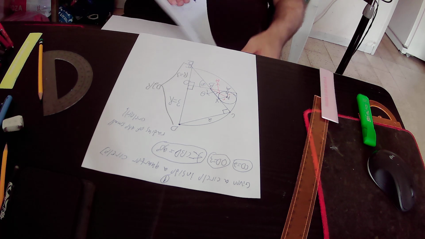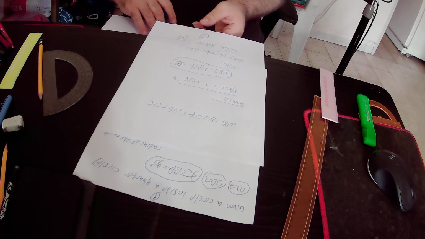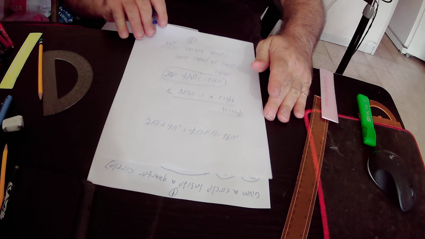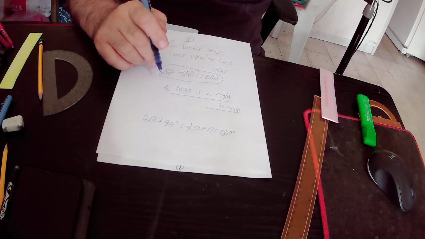Again, in triangle EBO, the sum of the angles is equal to 180 degrees.